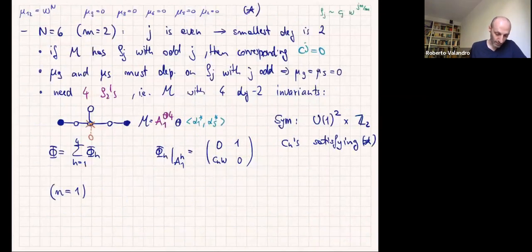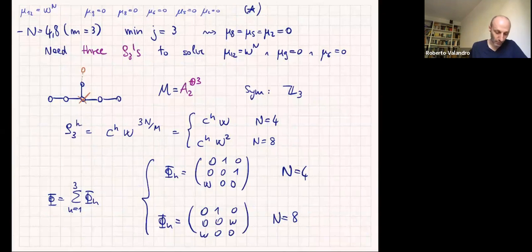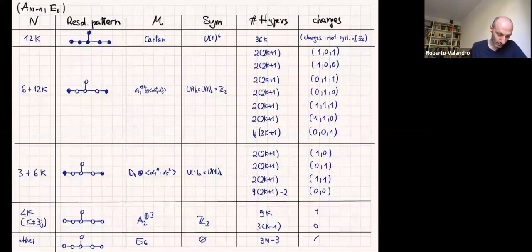Here I cannot. If you wish, we can discuss later about this. So just to show you for n minus 1 E6 what we get. You see, depending on which n you choose, of course things change because the exponent of w in the rho coordinates changes.